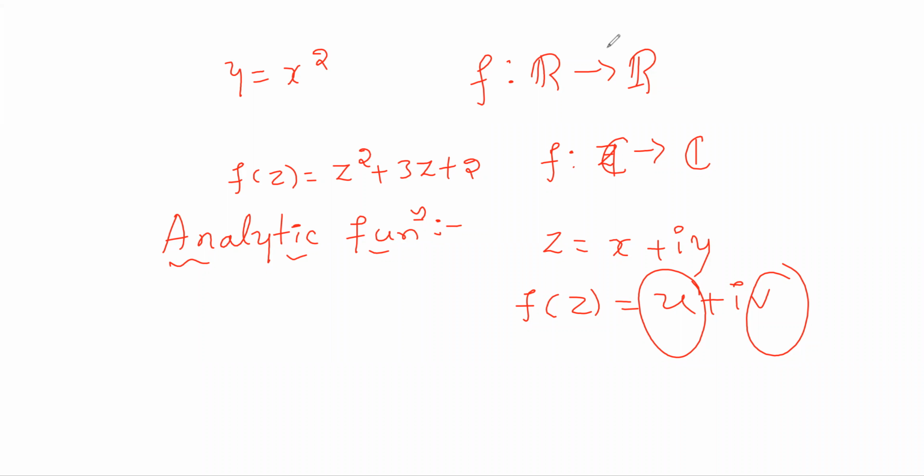Can anybody say what the necessary conditions are for a function to be analytic? Continuous and differentiable, sir. Continuous and differentiable alone means we can't say it is analytic. For example, I will take the function 1 by z.